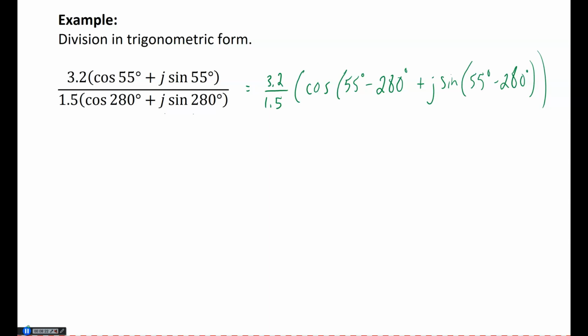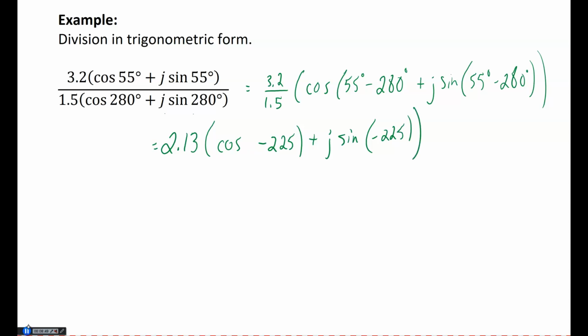And now, the answer will look like 3.2 divided by 1.5, let's say that's 2.13 cosine, and the angle is 55 minus 280, which is minus 225, plus j sine minus 225.